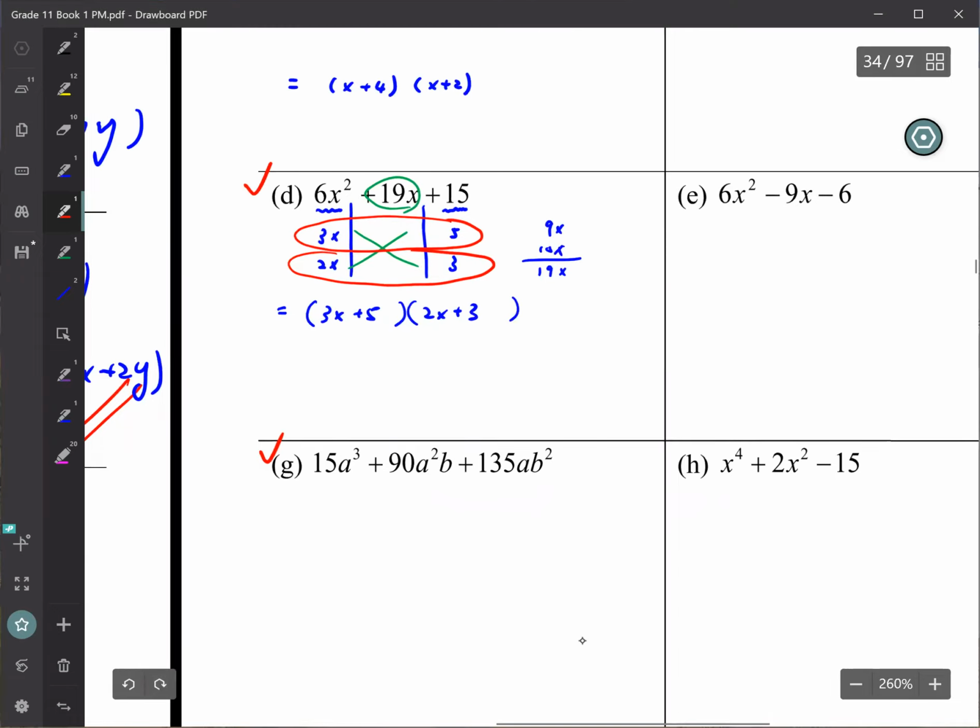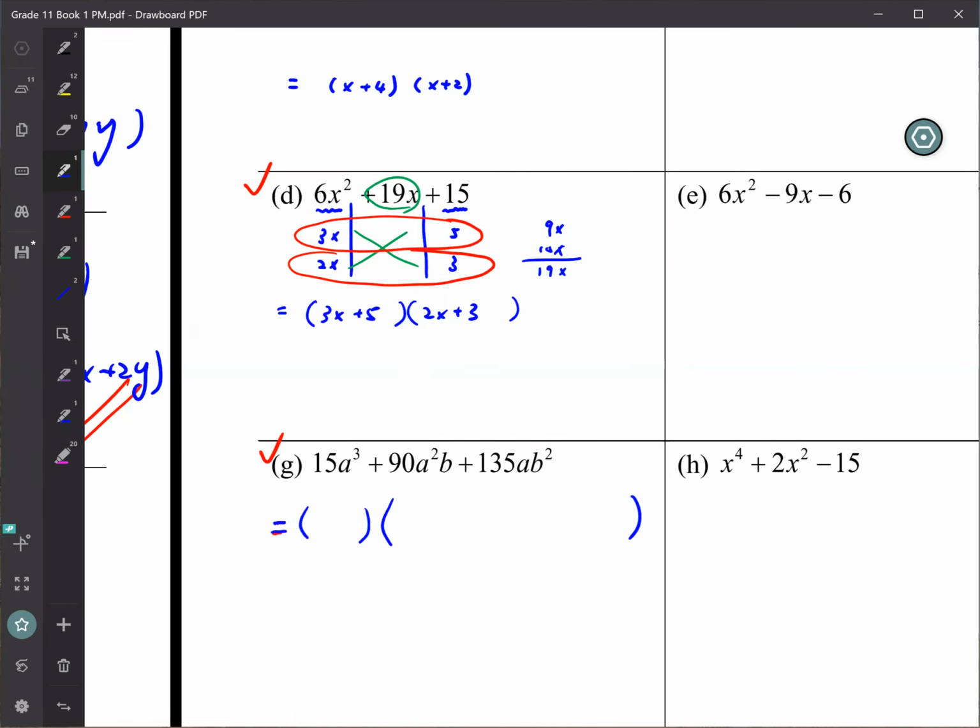Okay, so take out the GCF for this one. Okay, so once you got the GCF, I would like you to raise your hand, okay? I want to make sure everybody got the right GCF first. Greatest common factor.